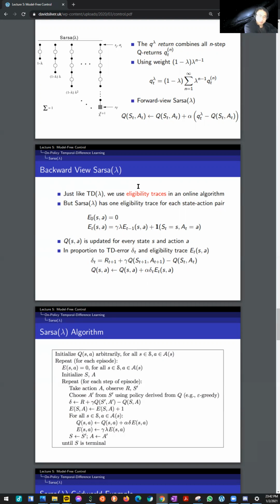That's the frequency heuristic. But there's also a recency heuristic, which speculates that the most recent event is responsible for the update that happened today. So we mix these two heuristics to figure out how much credit I should assign to each state that I passed through.